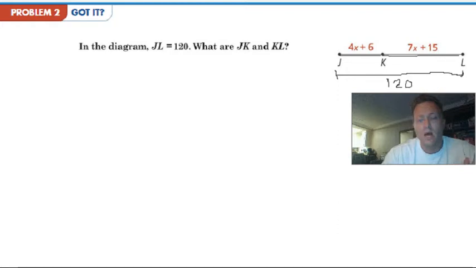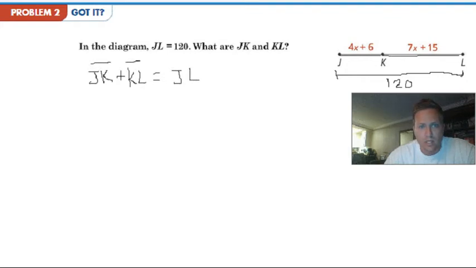Now we just have to set this up as an equation in order to solve. If you wanted to write it out, you could say that JK plus KL is going to equal JL. And since we are talking about segments, we put little segment bars over the top.